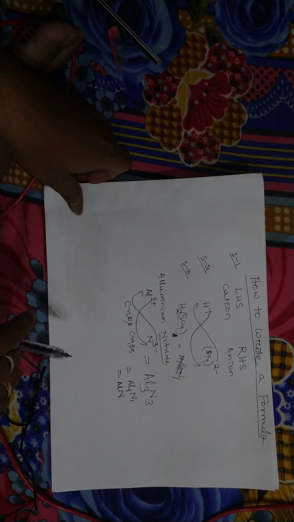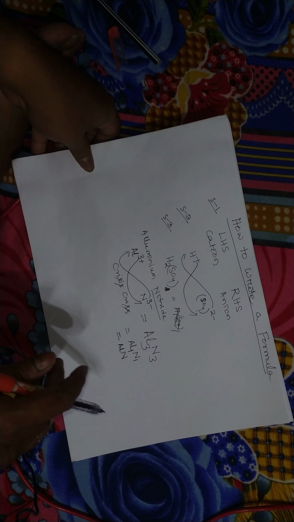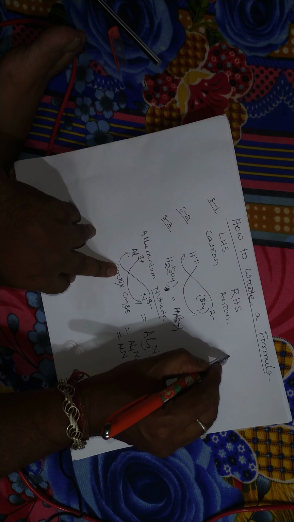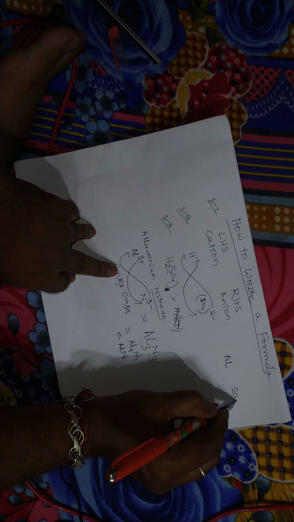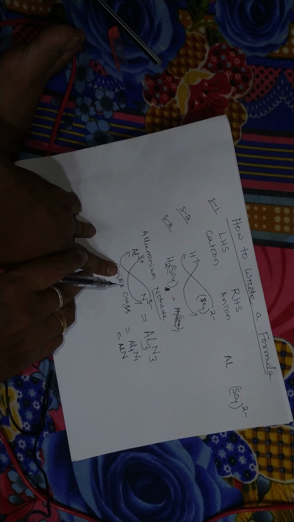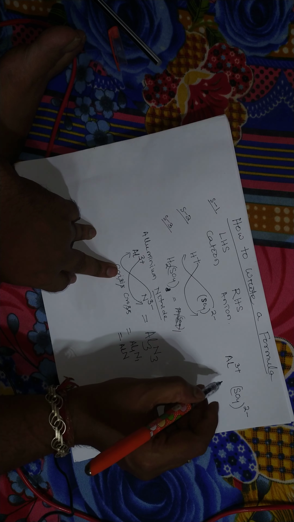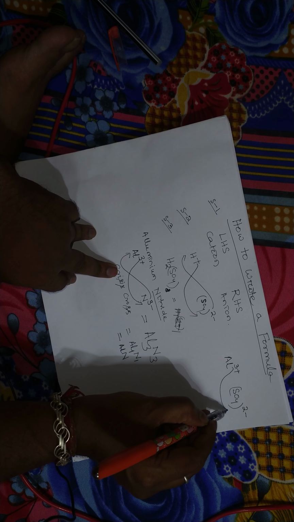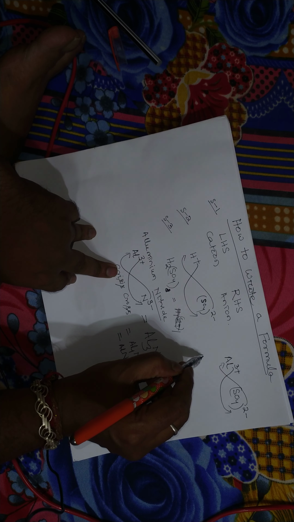Similarly, if we write aluminium sulfate, aluminium is the cation and sulfate is SO4, with charge 2 minus, and Al is 3 plus. So crisscross: 3 comes here and 2 comes here.